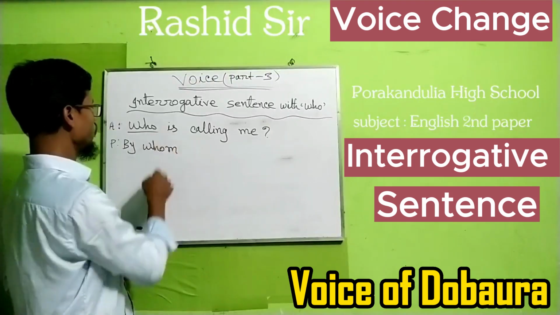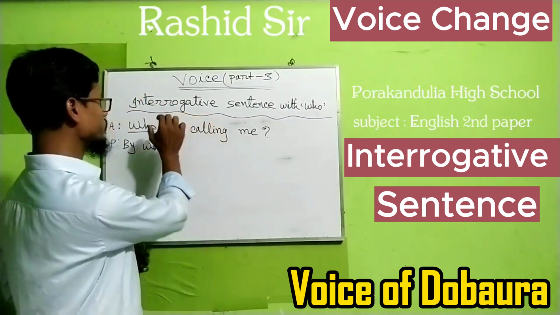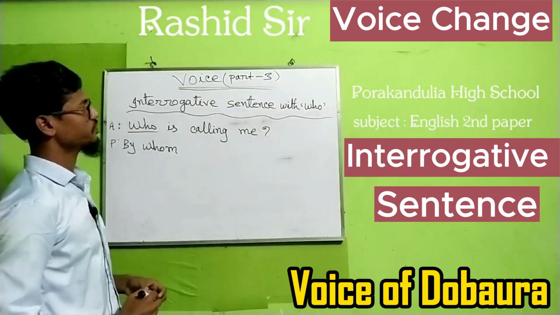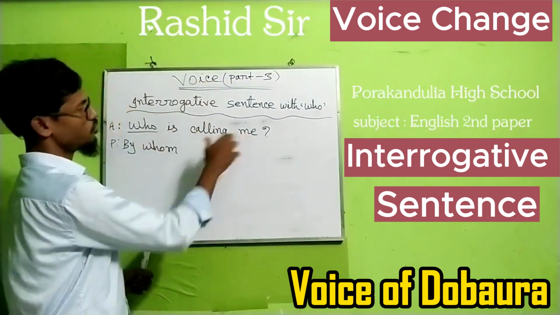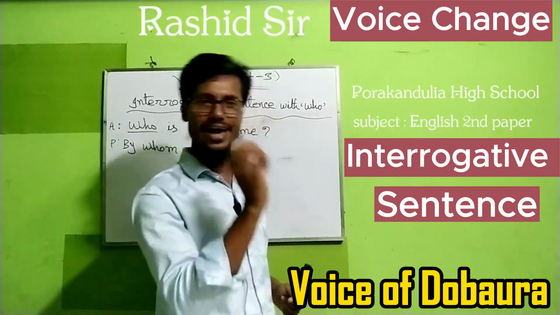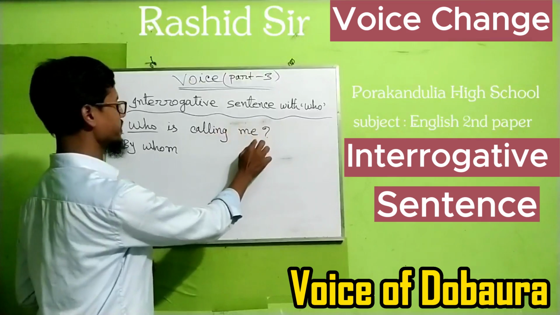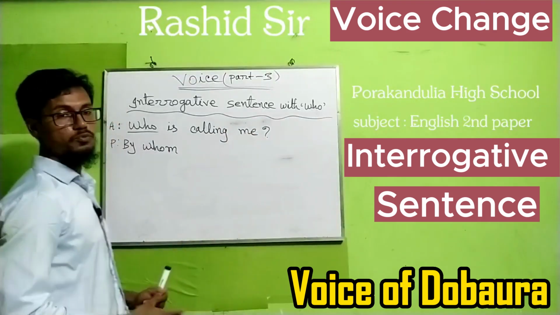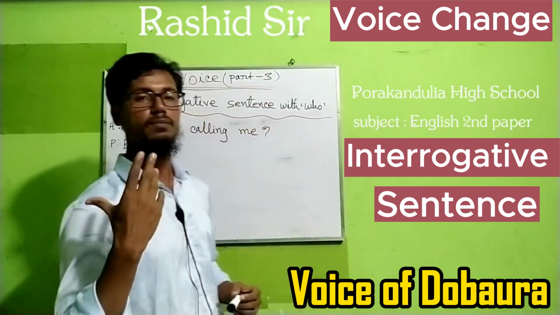Instead of who we have to use by whom, and then according to tense and subject I have to use auxiliary verb. It is present continuous tense, so auxiliary verb will be am being, is being, or are being. As me, in this sentence object, will be subject, so I have to use am being.